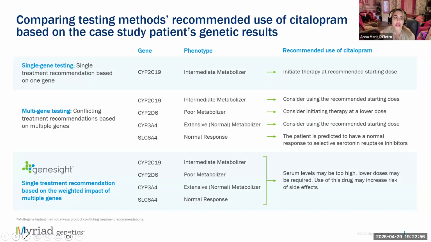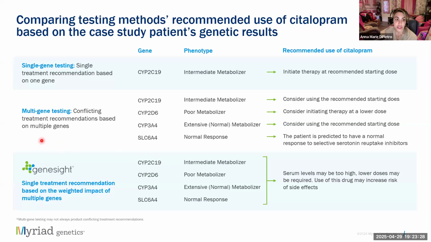If I was just looking at single gene testing and I looked at CYP2C19, this person came back as an intermediate metabolizer phenotype. So if we're looking at that alone, you would initiate the citalopram at the recommended starting dose. You wouldn't think to adjust it at all. It wouldn't make that clinically significant of a difference. So we would just move forward, initiate it the same as I would have without the testing.